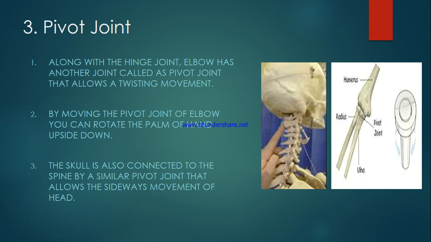The skull is also connected to the spine by a similar pivot joint found in elbow, and the pivot joint found in the skull allows the sideways movement of head. You can observe it in the given diagram.